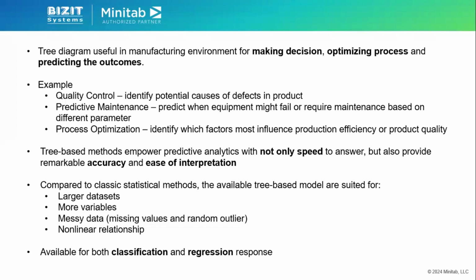The tree diagram is available for both classification and regression responses. Regression is for numeric responses, but if you have a yes or no, you can go for logistic regression, which is a little bit different.